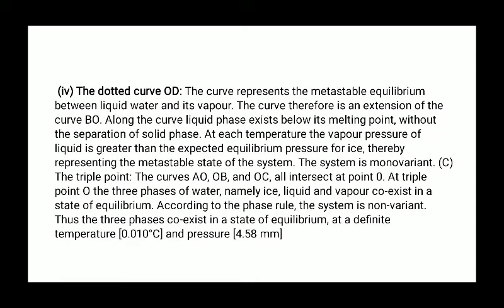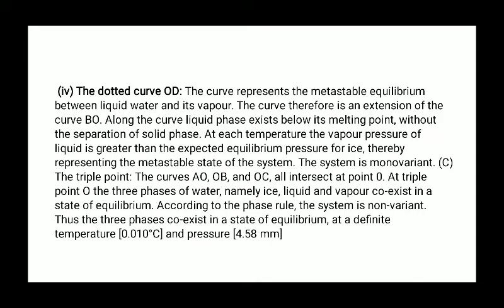The curve, therefore, is an extension of the curve BO. Along the curve, the liquid phase exists below its melting point without the separation of a solid phase. At each temperature, the vapor pressure of the liquid is greater than the expected equilibrium pressure for ice, thereby representing the metastable state of the system.